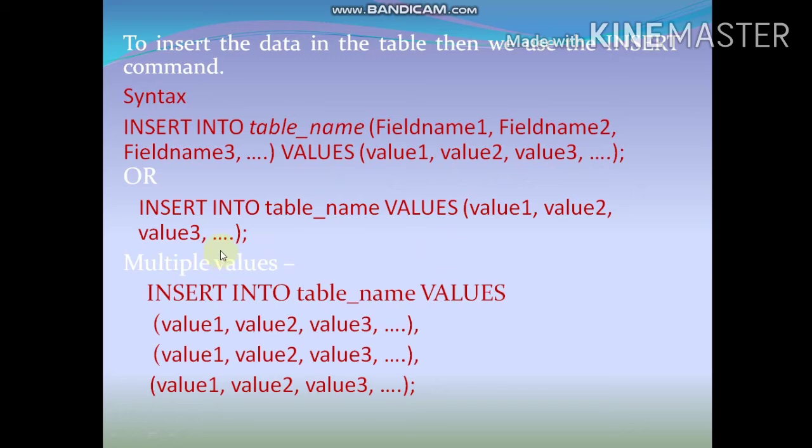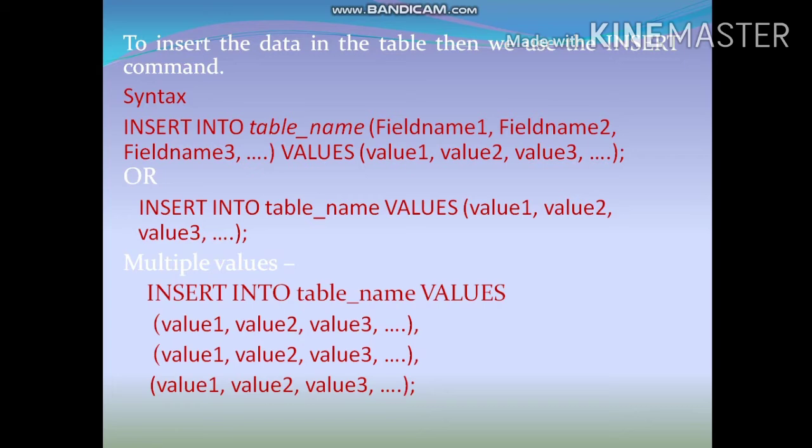Two methods are there to insert into a table. You can insert a record using the field names, or you can insert a record with only values. How to use it? Insert into table name values, then directly value 1, value 2, value 3, like this, bracket close, semicolon. Or multiple values.